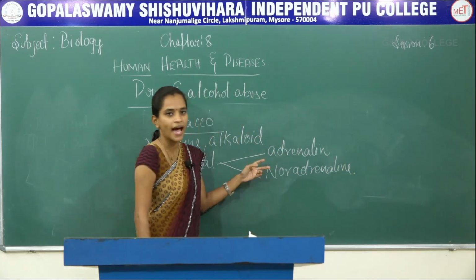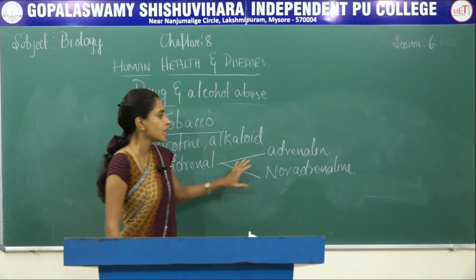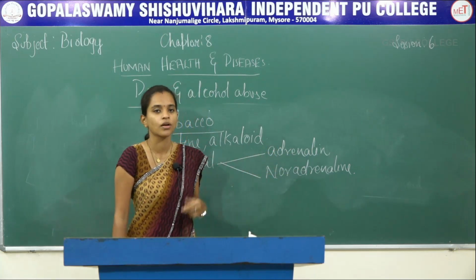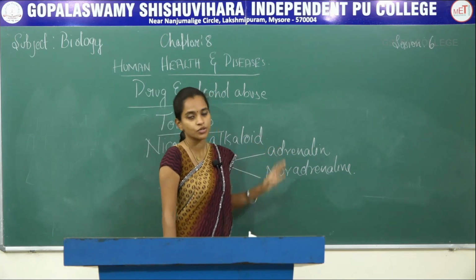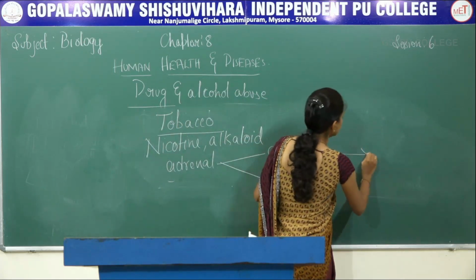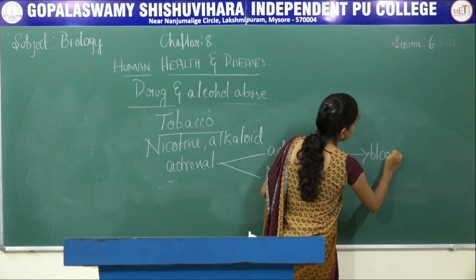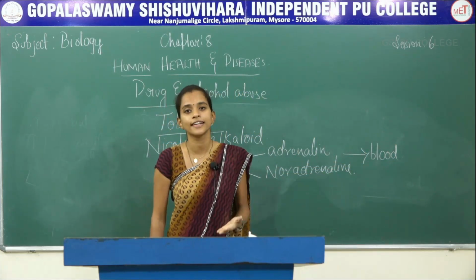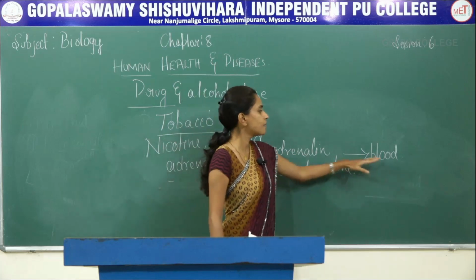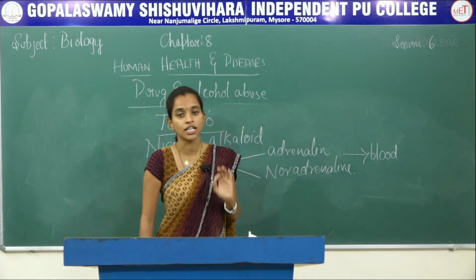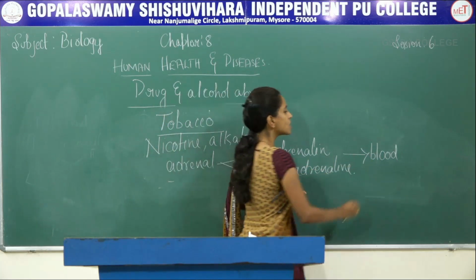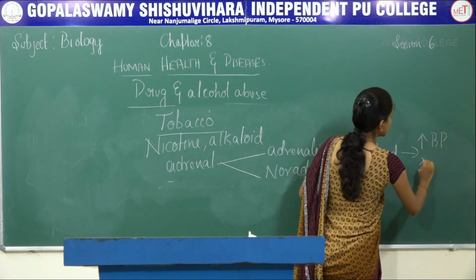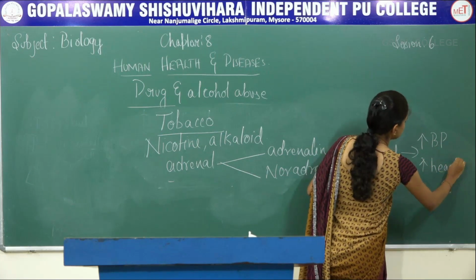Once these two hormones get interrupted because of the chemical, they are released into the blood which is being circulated in the body. Once the circulation of blood is interrupted, automatically it increases the blood pressure as well as the heart rate.